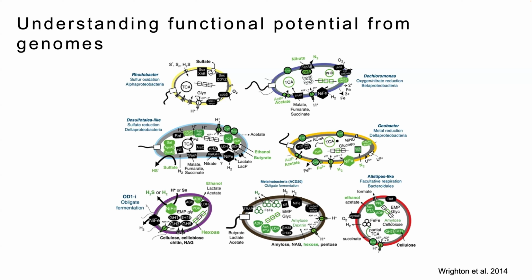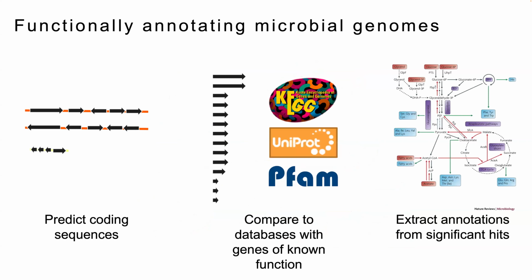So what is the process of annotation, going from a genome to something like this genome cartoon where we know the microbial functions and how they could potentially impact the environment? With genome annotation, we're first going to predict coding sequences. Remember we have those contigs, long pieces of DNA, and they're all grouped into MAGs. There are no gene predictions on these contigs yet.